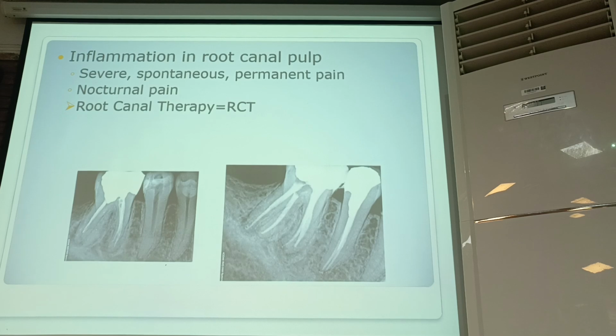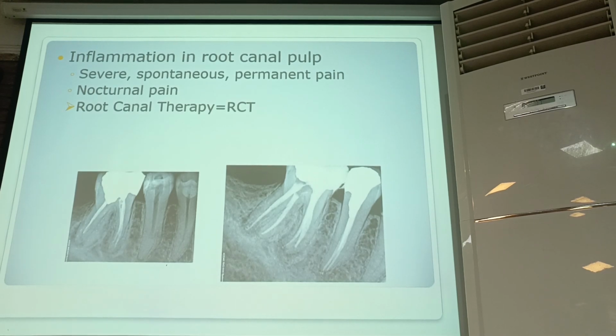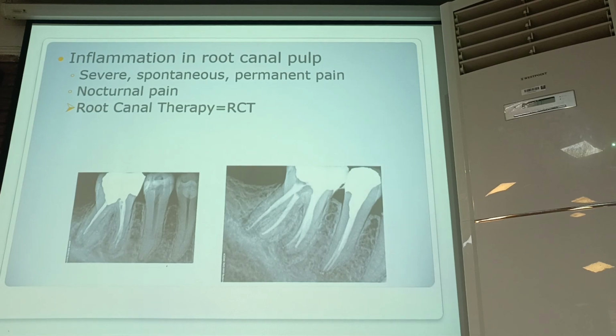Nocturnal pain, what is the nocturnal pain? Do you have any idea? Pain at night? Yes, thank you. The pain that would occur through the sleep at night. These characteristics show that the tooth needs RCT.